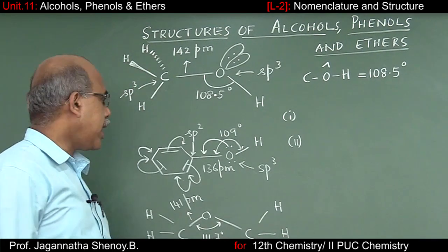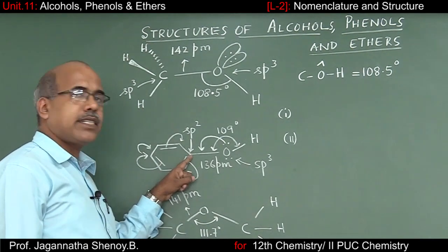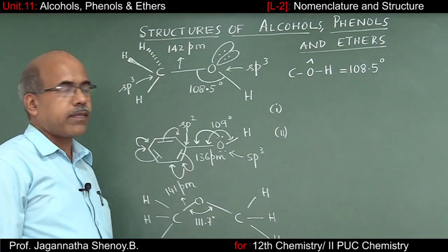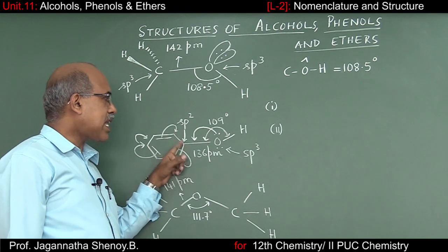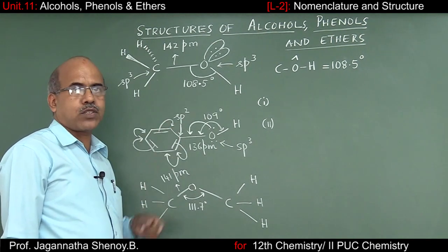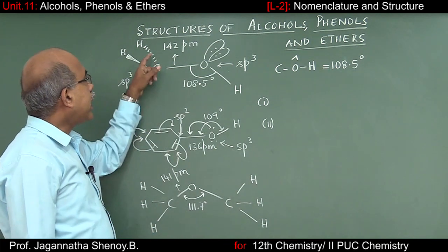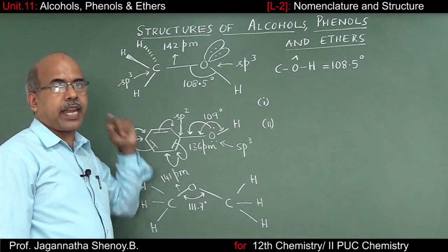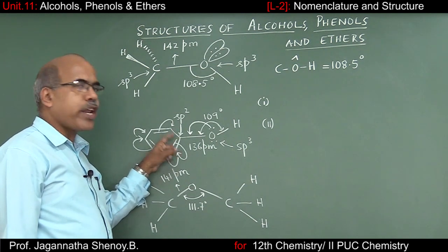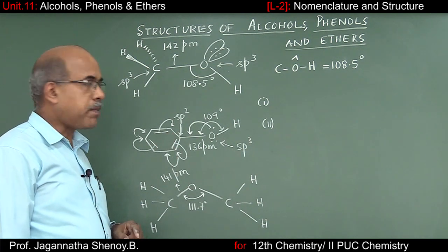The second reason is, this carbon atom has undergone sp2 hybridization. And also you know that sp2 hybridized carbon atom is more electronegative compared to sp3 hybridized carbon atom. When you say this carbon atom is more electronegative, what is the meaning?